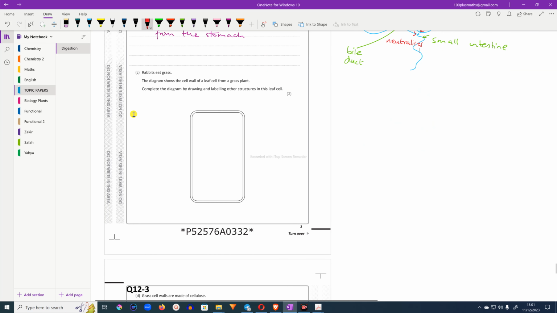Right, here you go. We need to draw a plant cell, leaf cell. So they've given us the cell wall. What I would do is draw a cell membrane. So that there is the cell membrane.